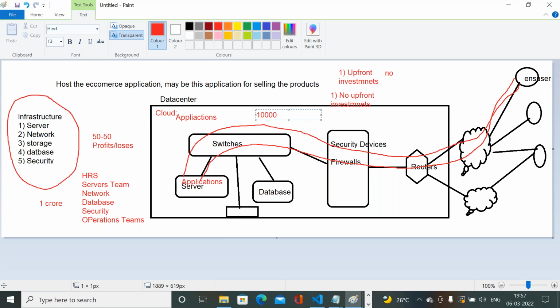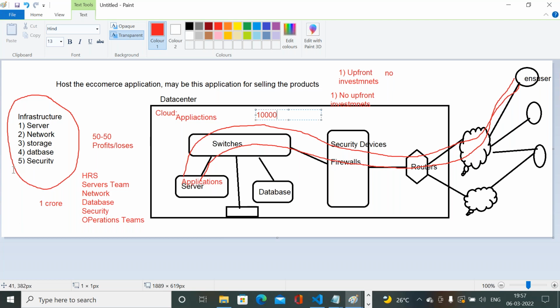We have to rent the servers, the switches, the databases, firewalls, and routers in the cloud and utilize them. The services you are utilizing are on pay-per-use mode. That means renting. If you want to utilize some resources, you have to pay some rent for that particular resource. That's it. If you don't want it, you can immediately decommission it and there's no need to pay any extra amount.